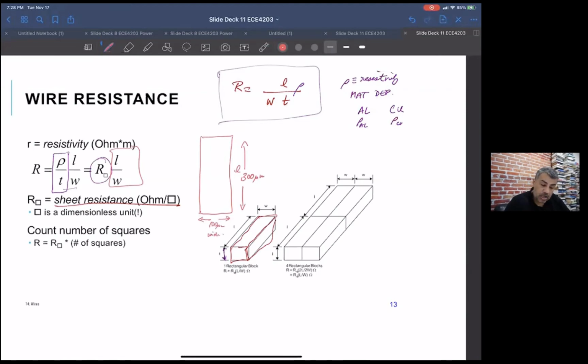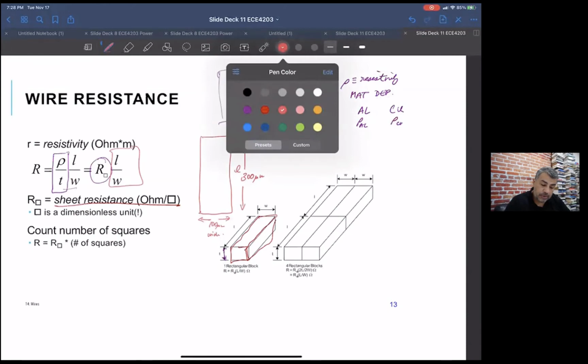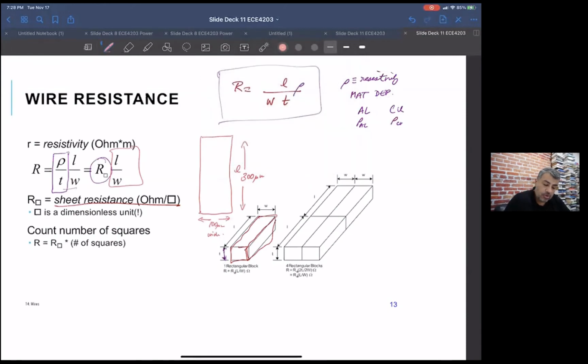I can put in 3 squares here, 3 units that have the same length and width. So a line that's 300 microns long by 100 microns wide is 3 squares.